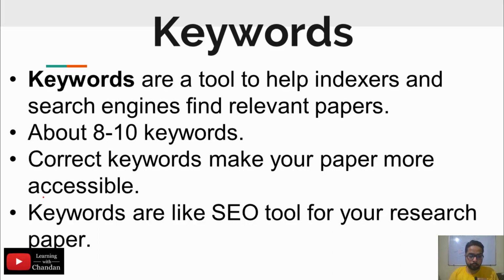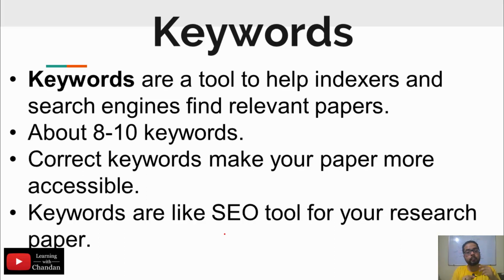We might have heard about search engine optimization. Here, that is the same work that we are trying to do using our keywords. Keywords help your paper to be found. So here you can play a game like you have worked on many of these things, but all of those things cannot come in your title.